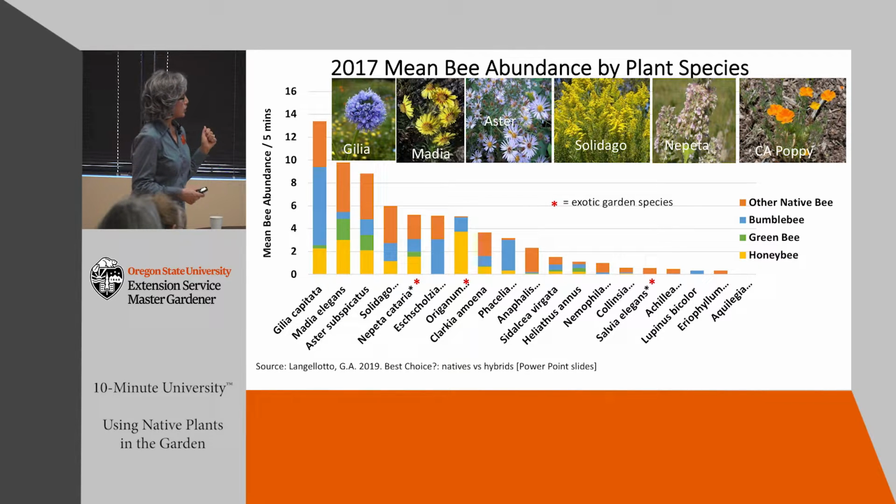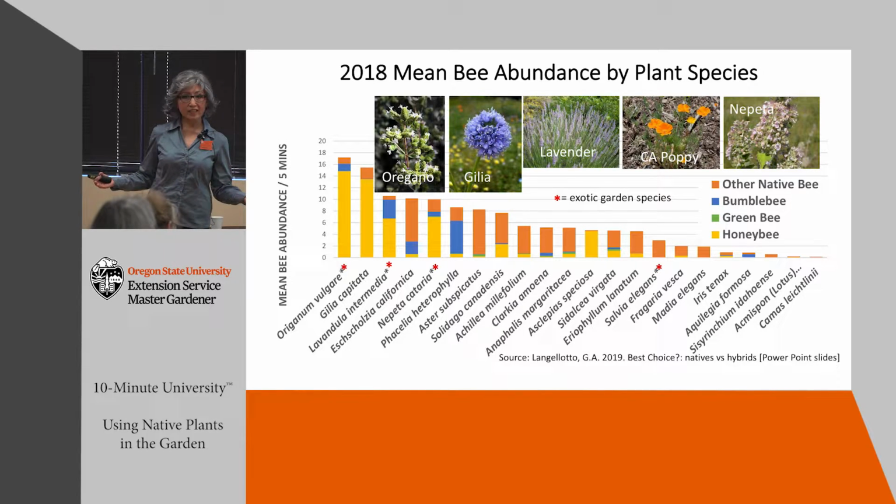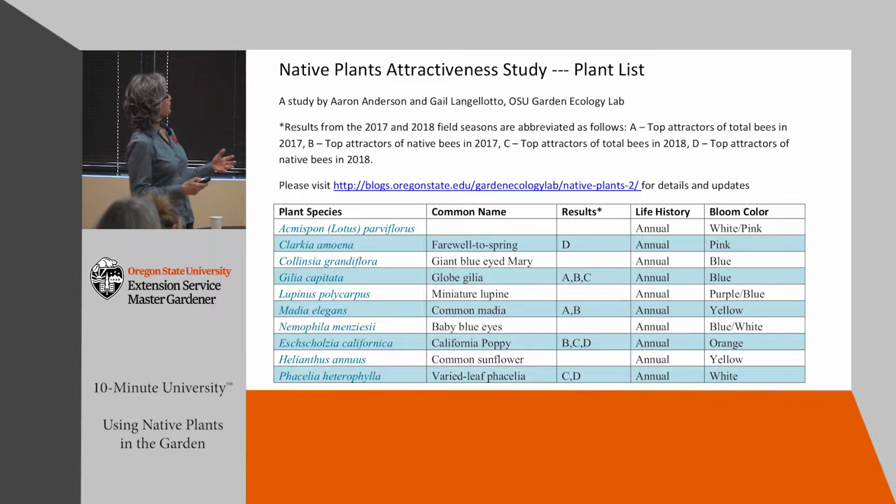All right. So we can see the results from 2017, and you say, wow, overwhelming. Now add to that 2018, and you say, how am I supposed to keep track of this and get down to what I am supposed to do? All right, easy. I did the homework for you.